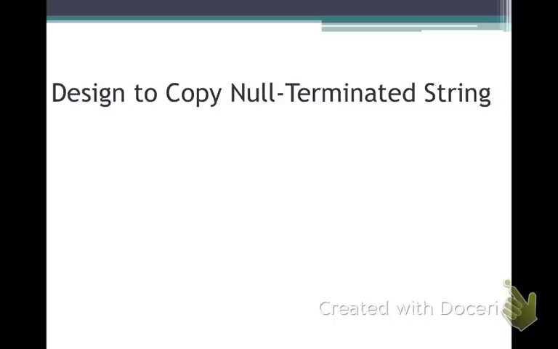So what are the things that we need to do? Well, I know some basic things I will definitely have to do. I've got to establish a pointer to the source and to the destination. What else do I need to do?